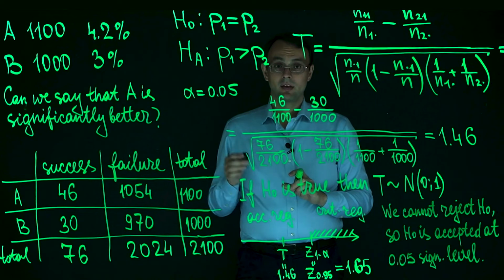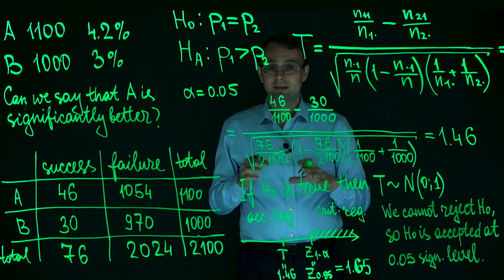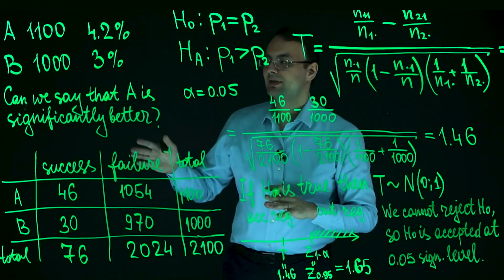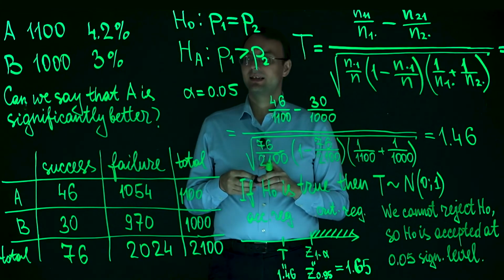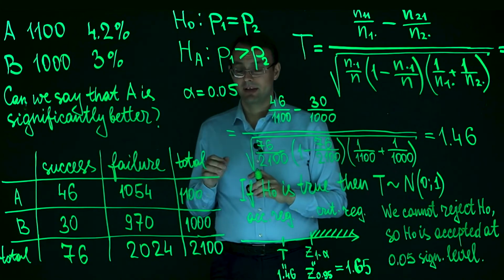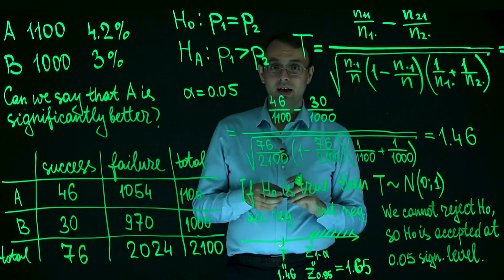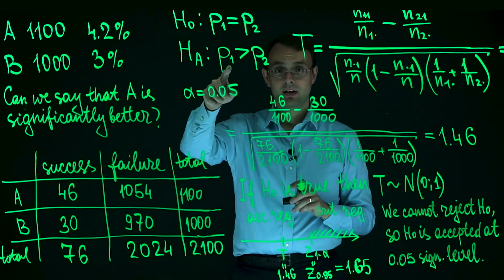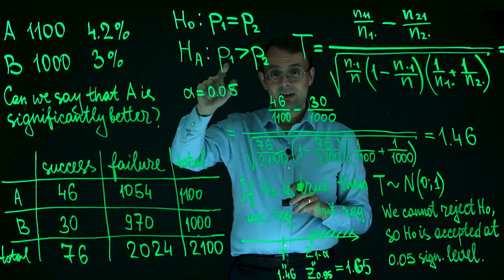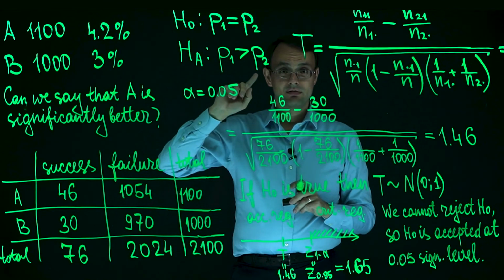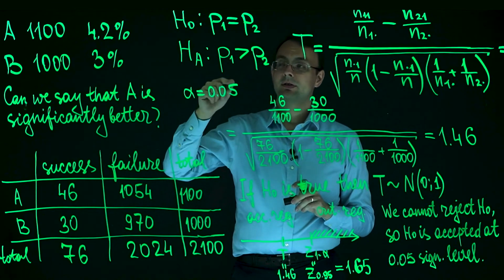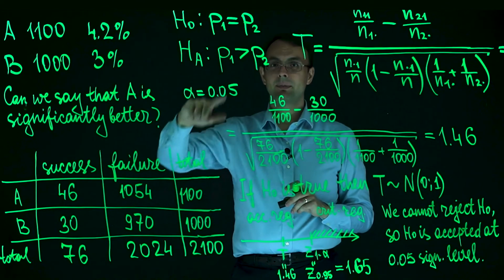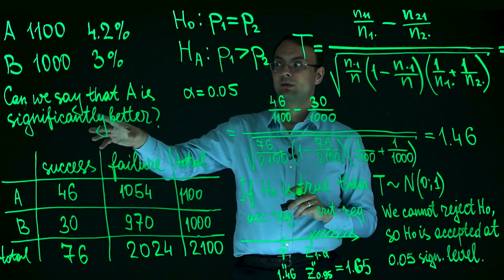So now let's give an answer just to the question that was asked. They say, can we say that A is significantly better than B? So the hypothesis corresponding to this question was the alternative one. If we rejected the null hypothesis in favor of the alternative one, if we accepted the alternative hypothesis, we would answer yes, we can.